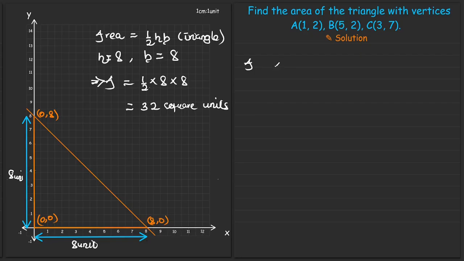So A was what? 1, 2, and then that of B was 5, 2, and then C was also 3, 7. So if we have to rewrite it just as I said so that we can be able to pick out our numbers, we have 1, 2, 5, 2, 3, and then 7.